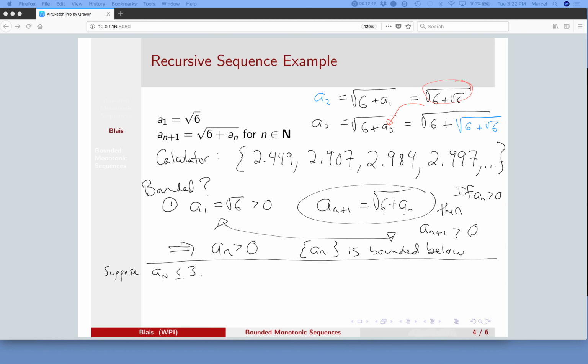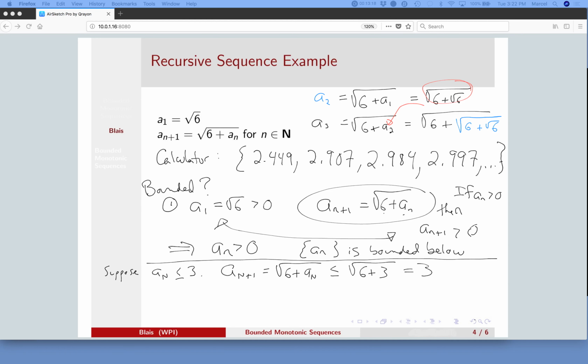Well, we can then go back to the definition of the next term. A sub n plus 1 is root 6 plus that a sub n, but we just assumed that that a sub n was less than or equal to 3. So this is less than or equal to root 6 plus 3, using the assumption that a sub n is smaller than 3. And of course, root 6 plus 3 is root 9, or 3.